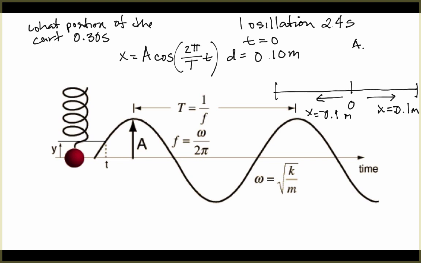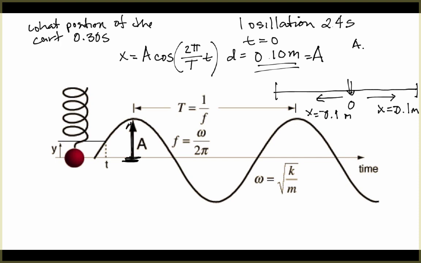In our sketch here, we place the origin of the x-axis at the equilibrium position of the cart, and we choose the positive direction to point to the right. The cart is released from rest at what they said, 0.10 meters, which means that it's the amplitude, because we're saying how far it is being displaced from the position.